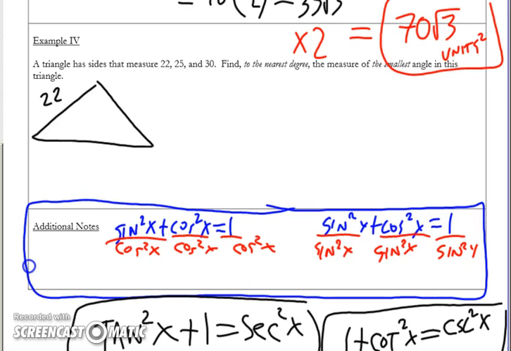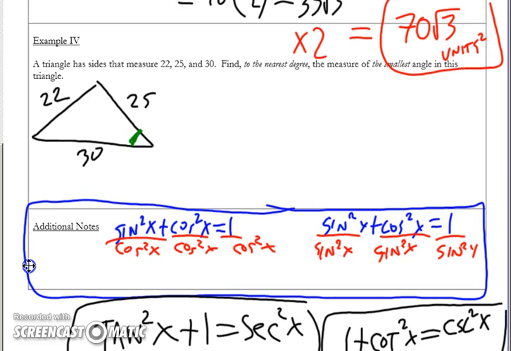So, 22, 25, 30. The smallest angle in the triangle is always across from the smallest side. So this would be our smallest angle. In order to find the measure of that angle, I'm going to ask myself which identity involves 3 sides of one angle, and that is the law of cosines.